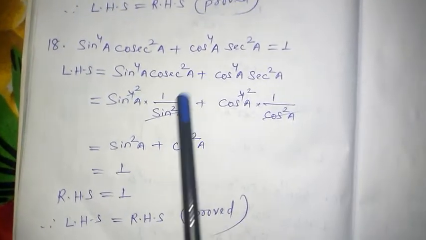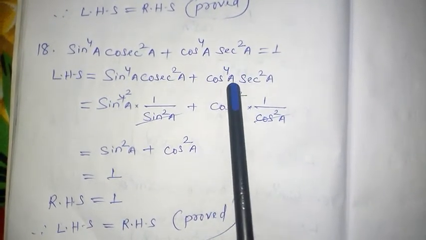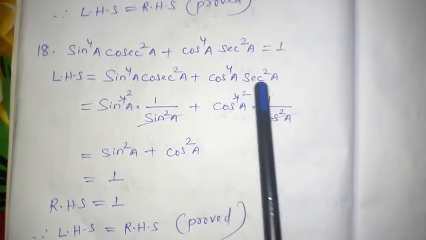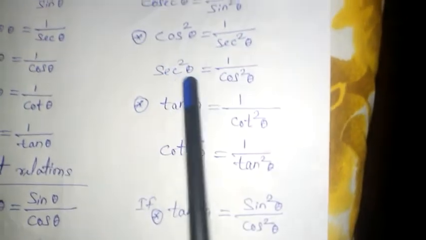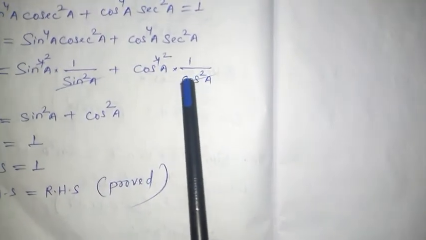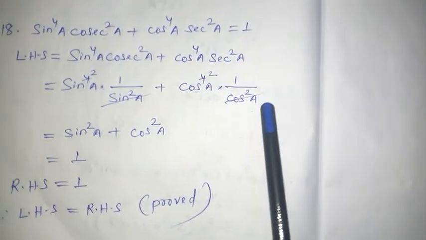Same thing I am doing here: cosec square a is 1 by sin square a. Plus cos power 4a multiplied by sec square a, I wrote 1 by cos square a. Sec square theta is 1 by cos square theta. Same thing. For theta I write theta, for a I write a. So 1 by cos square a.